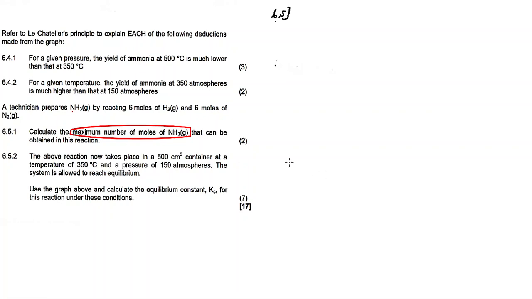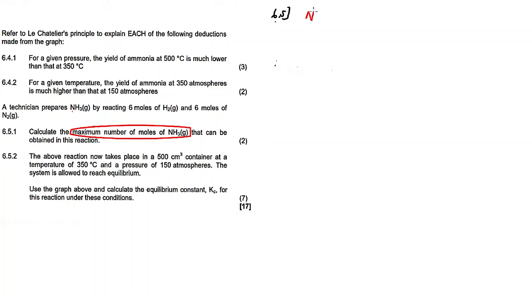So as I've mentioned earlier, there's a practical value and a theoretical value. So the maximum number of moles is actually the theoretical value in this case. Right, now 6.5.1.